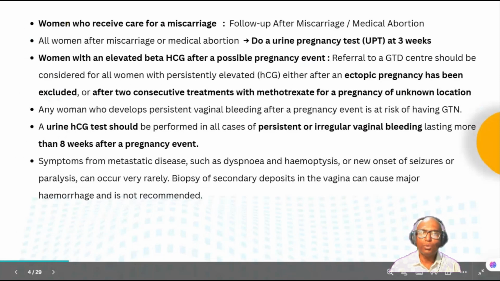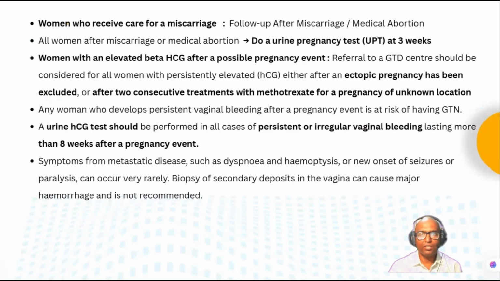Okay, so women who receive care for miscarriage are to be followed up after miscarriage as well as medical abortion, and these women will have to do a urine pregnancy test after 3 weeks. This urine pregnancy test should be negative. Okay, so women with an elevated beta hCG after a possible pregnancy event should be referred to a GTD center.